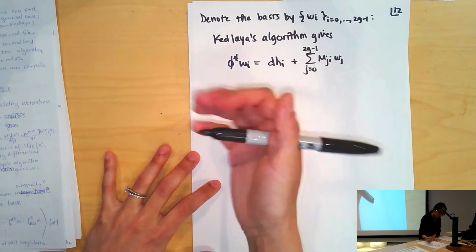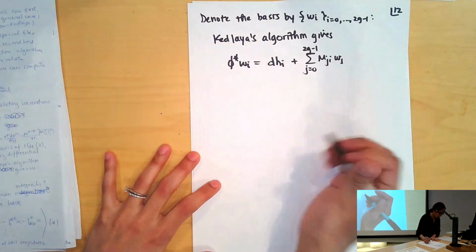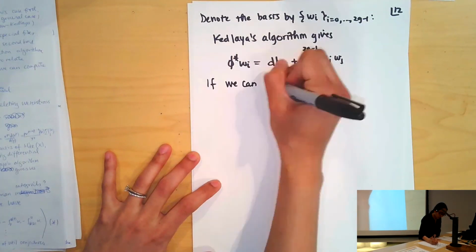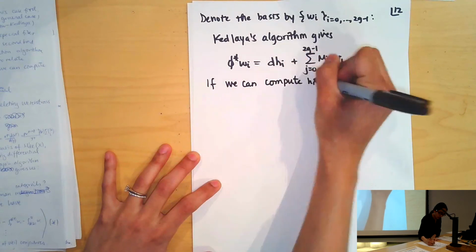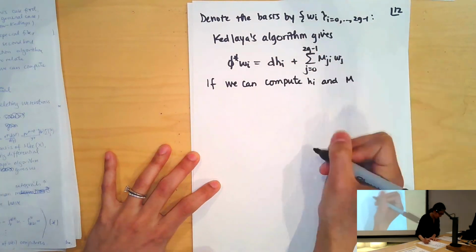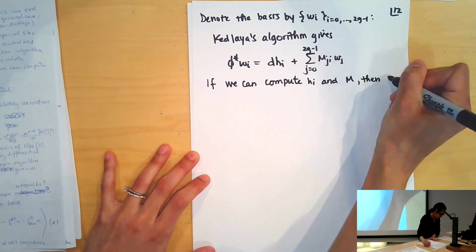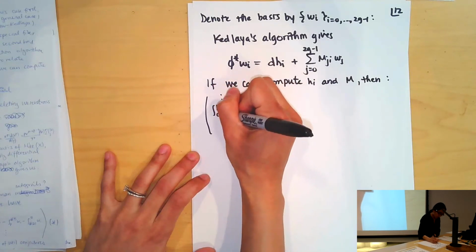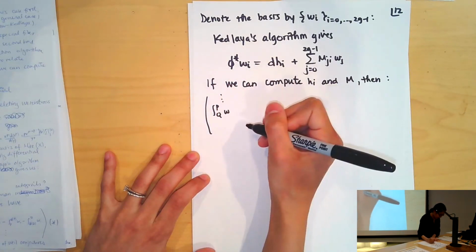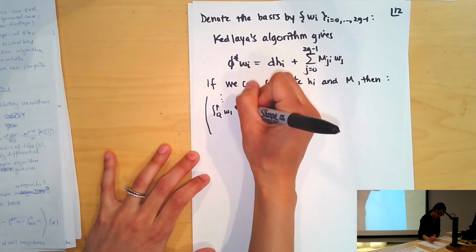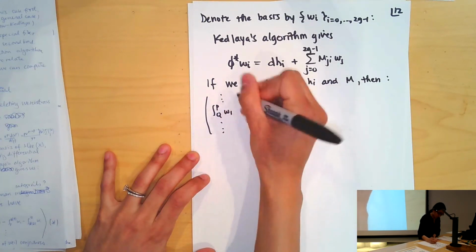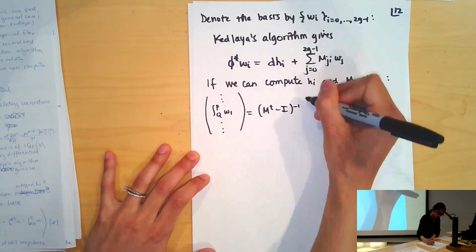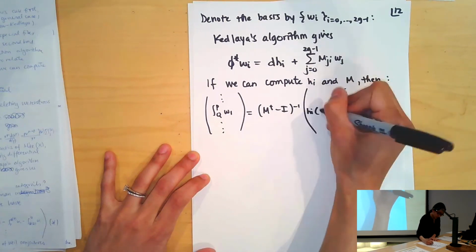And, well, then how does this allow us to compute a Coleman integral? So if we can compute h_i and this matrix of Frobenius, then we can write down a linear system whose solution looks like this. So the integral of one of these basis differentials, so say omega i. So this is the transpose of the matrix of Frobenius minus identity inverted, and then some terms here.